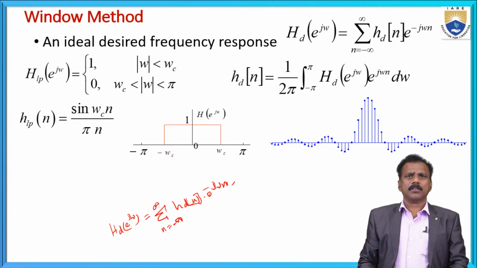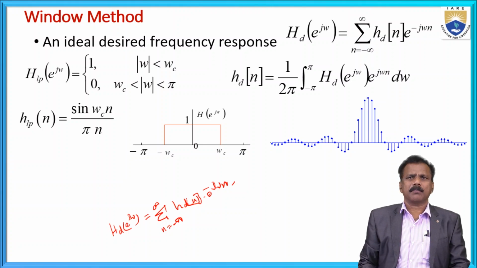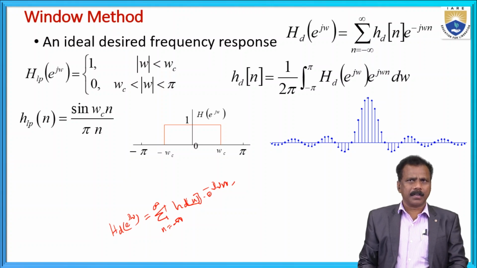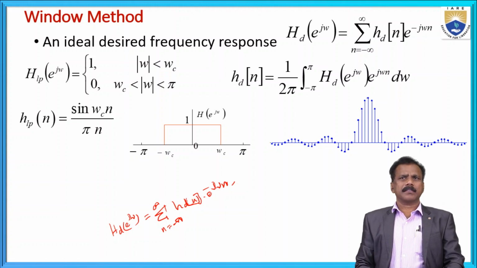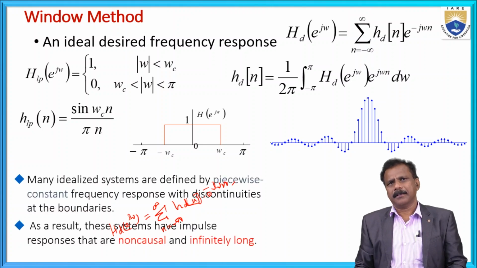If it is a low pass filter, then Hlp of e power j omega is equal to 1 for mod omega less than omega c, and 0 for omega c less than or equal to mod omega less than pi. Like this, we are ready to analyze the windowing method for an ideal desired frequency response.